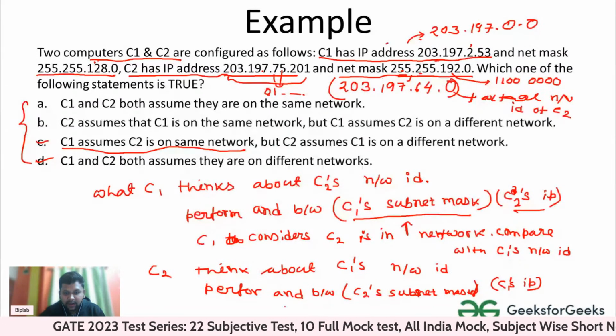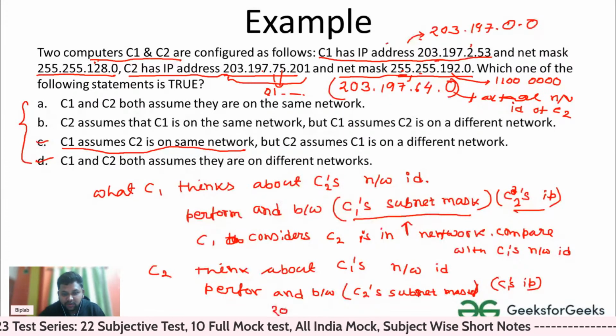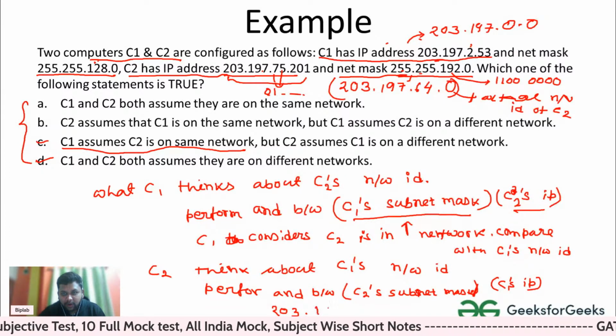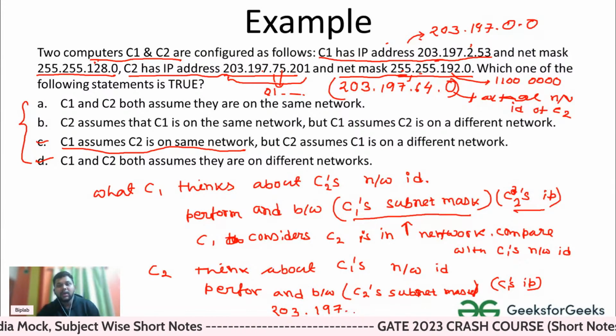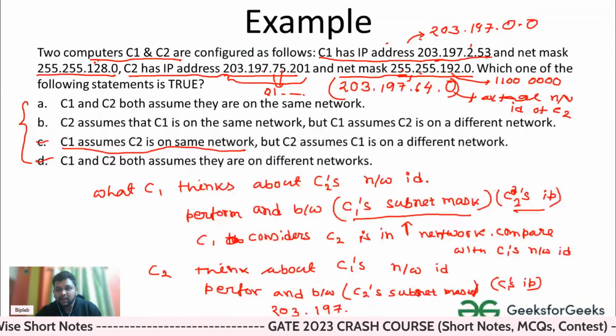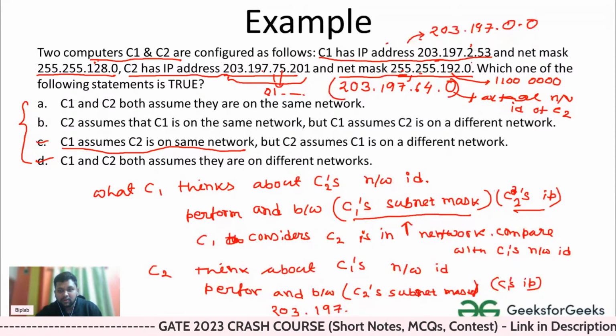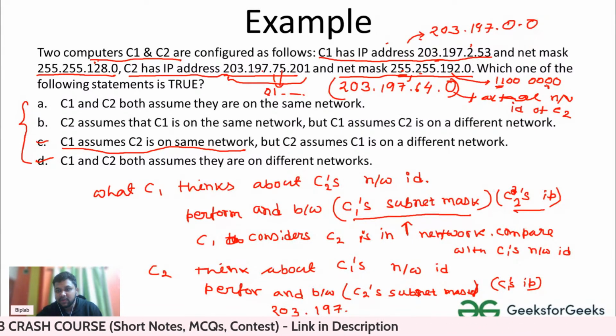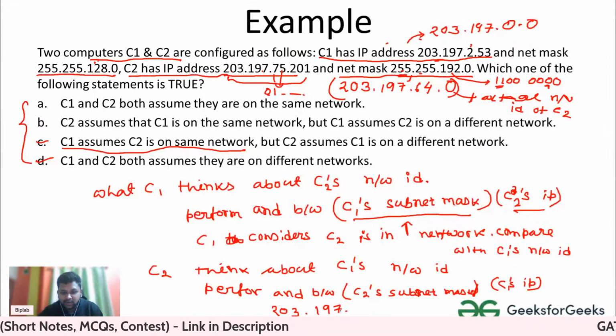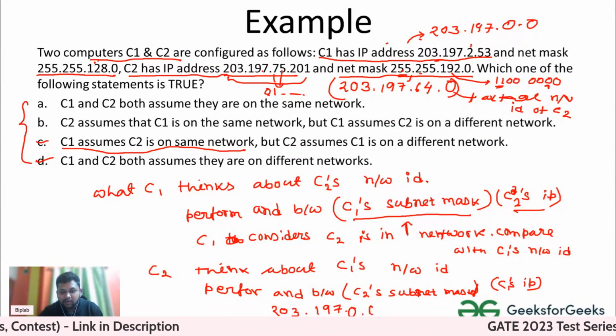Let me write the answer here: 203.197. Now here you have 192 and here you have 2. So here you have only first 2 bits set, and in 2 you have only this bit set. So perform AND operation, you will get 0, 0, 0.